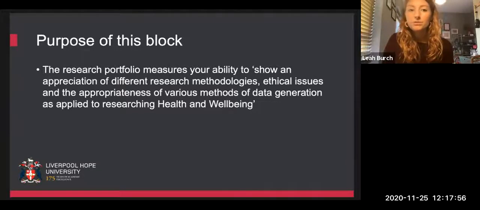So the research portfolio measures your ability to show an appreciation of different research methodologies, ethical issues, and the appropriateness of various methods of data generation as applied to research in health and well-being. So there's a few different bits in there that we can pick up on. So we're going to be introducing you to the range of different ways that you might choose to research health inequality, health and well-being.